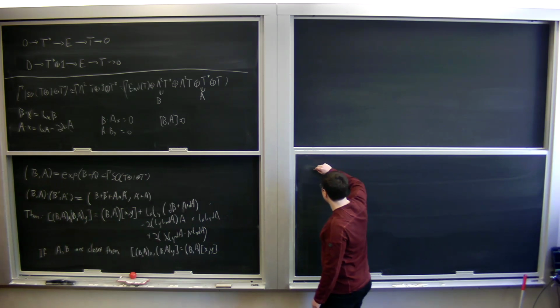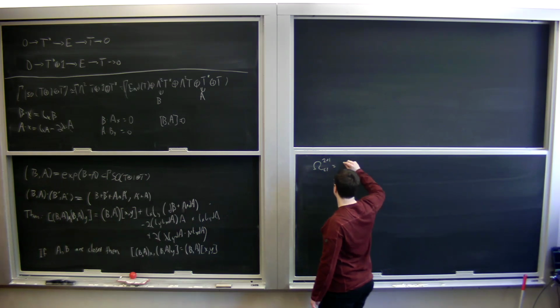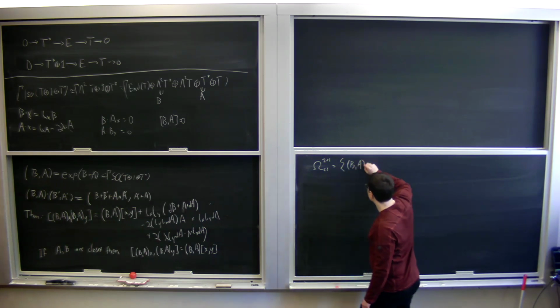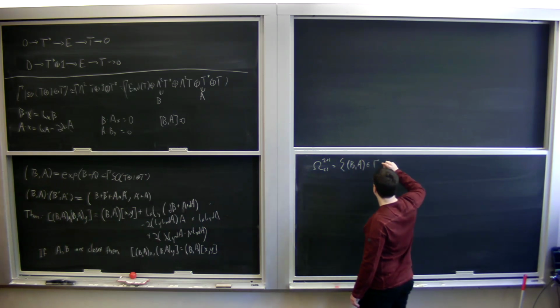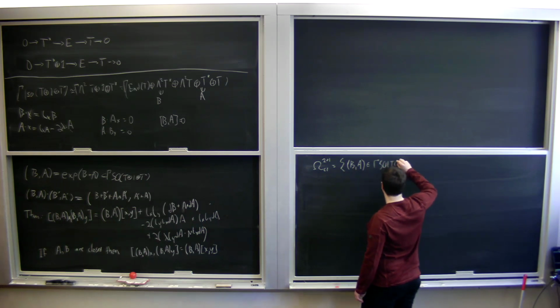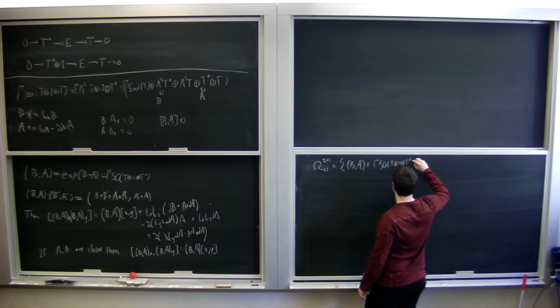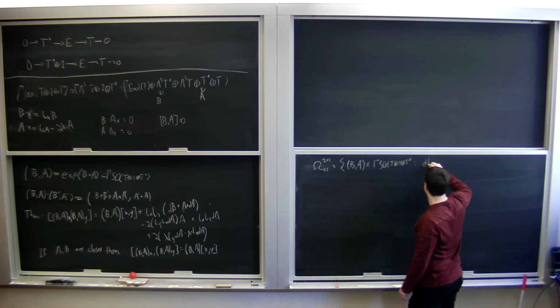So because of this, we're going to define this new set of 2+1 forms that are closed. This is just the A plus B fields in sections of SO(T+1 plus T star) so that B and A are closed.